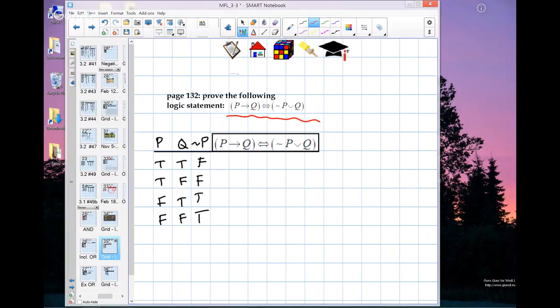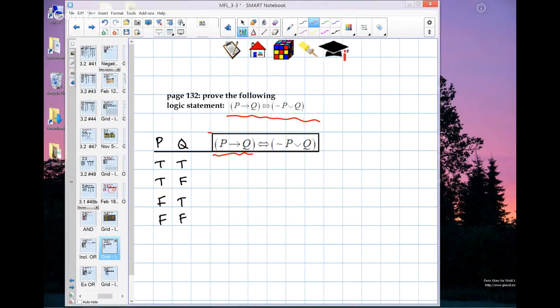Okay, well, let's do the left side first. If P, then Q. That's a new one we just did. Only false when the first one's true and the second one's false. By the way, if you're wondering why there is a not P here, I'll tell you what, I'm going to take it out, because we're going to handle it in a different way.